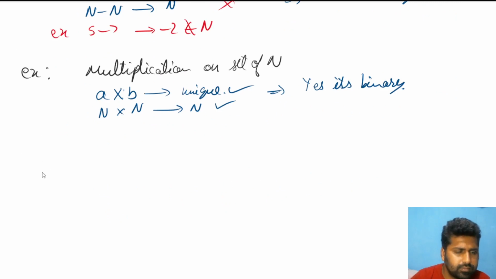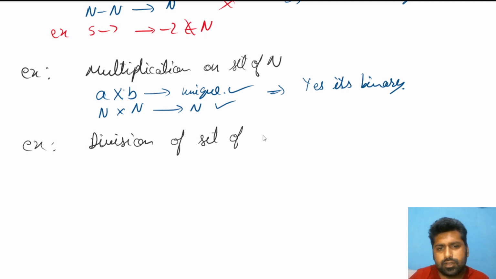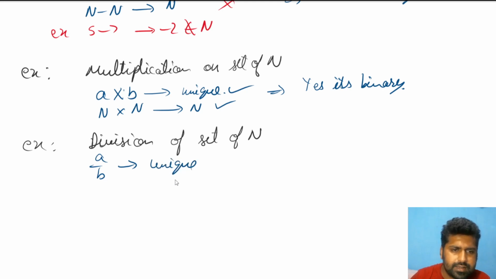Division. Now I'm doing this on set of only natural numbers. You can take this as a practice check for set of Z, for set of rational numbers. You can verify set of real numbers also. So division, again a by b, of course the value will be unique, but the point is N divided by N, or N slash N. By doing division, N upon N, will it result also in N, a natural number?